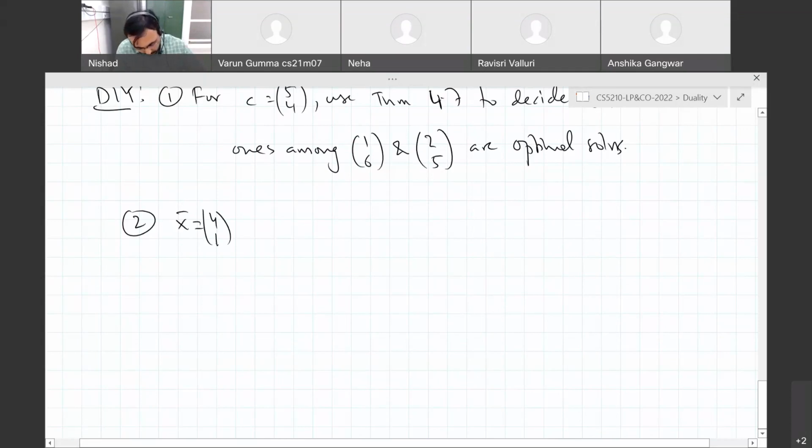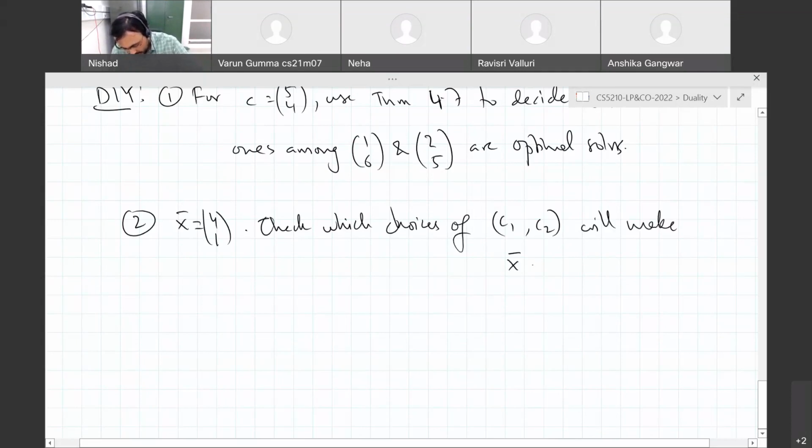I want you to check which choices of c1, c2 will make x bar equal to 4, 1 an optimal solution.